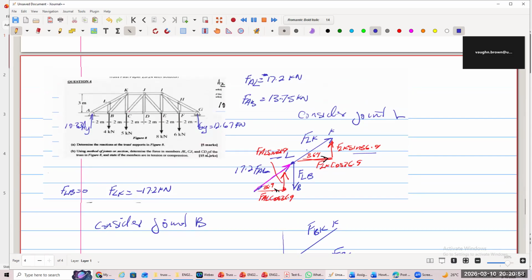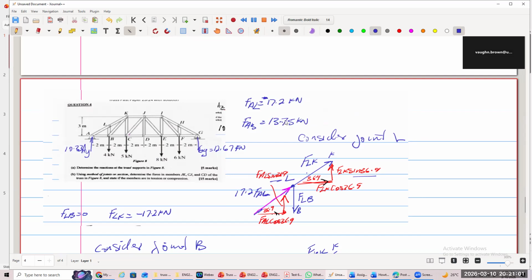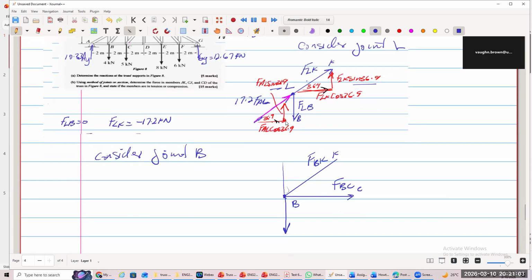You remember what the value of AB was? 13.75. What type of force is AB, guys? You remember? Tension. Yes. So therefore, I have to draw it going where now? Do I draw it left or right in the X direction? To the right? No. You can't draw to the right if it's going to be in tension into the joint. I have to draw it coming out of the joint in a what?